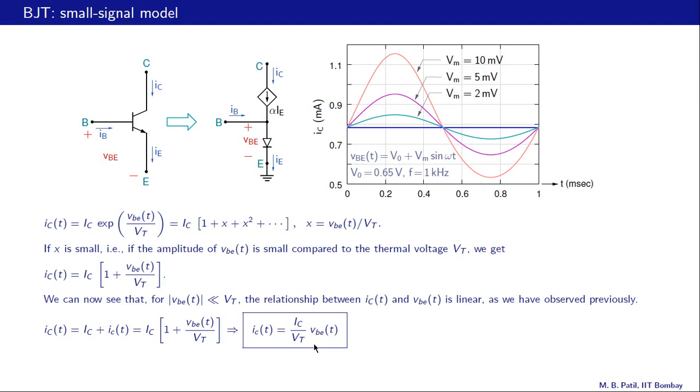Now this is the relationship between the signal VBE or the AC VBE and the AC collector current. And note that these are simply constants. VT is the thermal voltage, about 26 millivolts at room temperature, and IC is also constant. It only depends on the constant part of the base emitter voltage, in this case 0.65 volts. But this quantity has no time dependence.